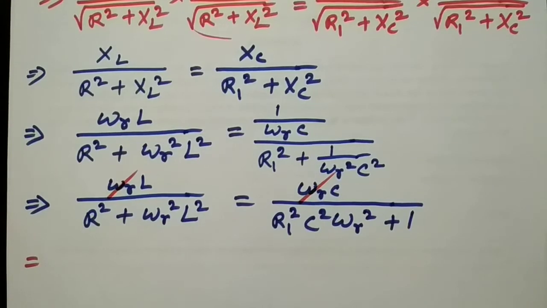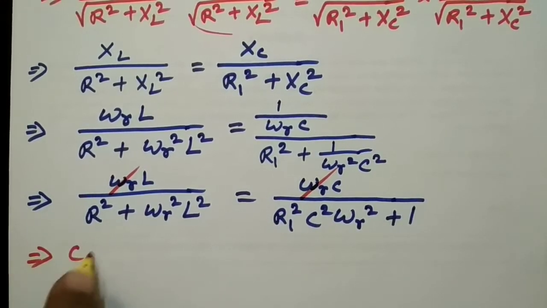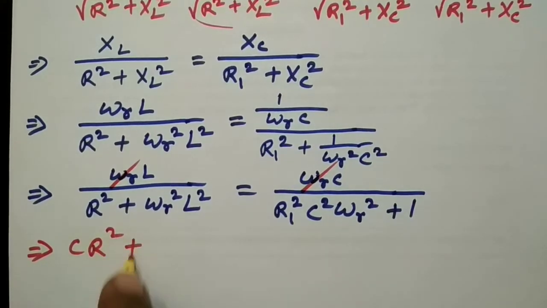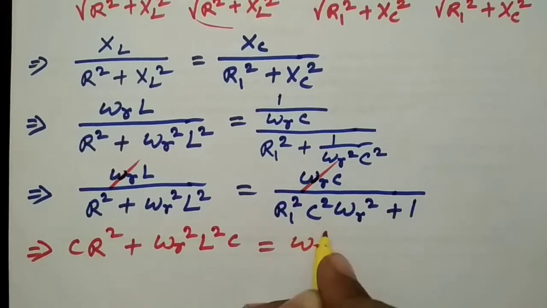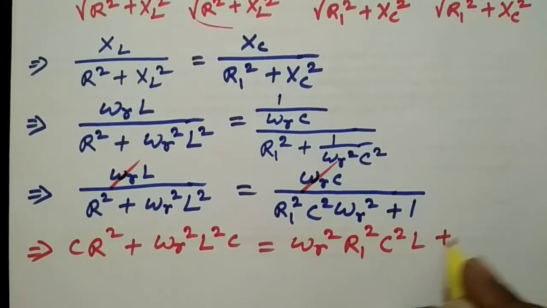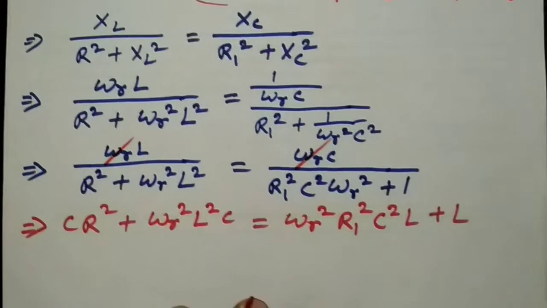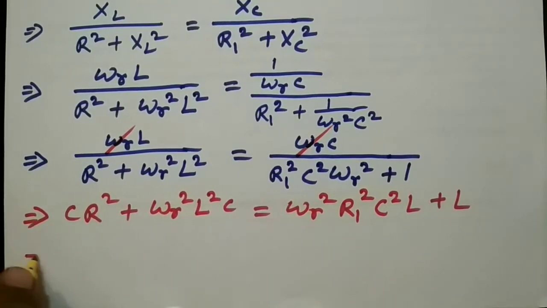Now cross multiply this. So it will be C into R square plus omega R square L square C, and it is equal to omega R square R1 square C square L plus L. Next, in one side place all the values with omega R square, and in the other side the rest of the parameters.